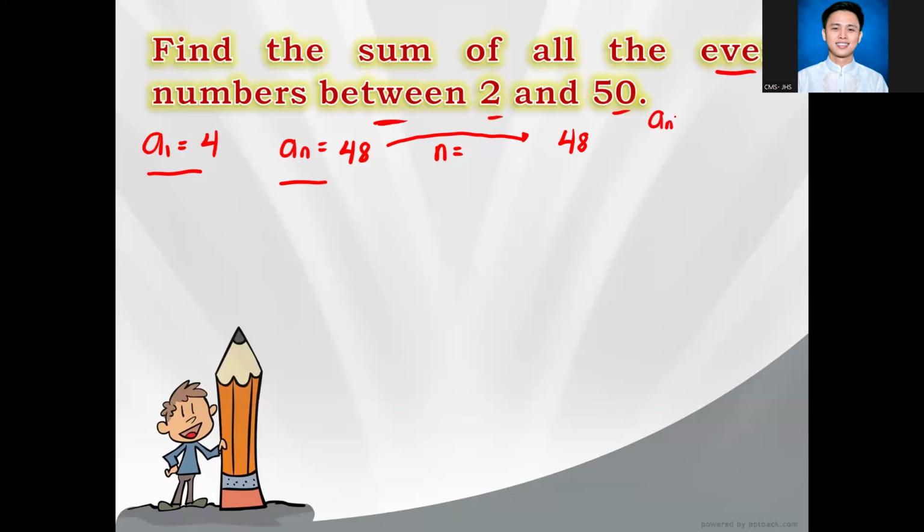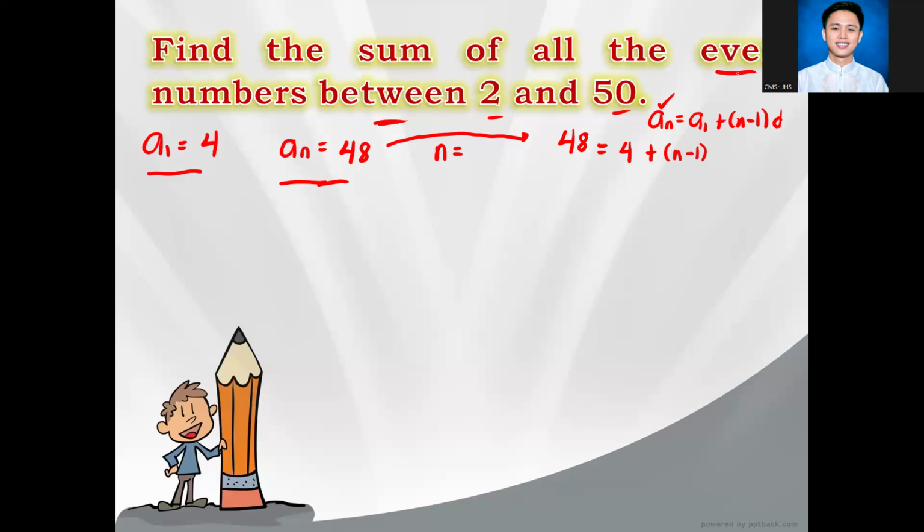A sub n equals a sub 1 plus n minus 1 times d. Remember, we have a sub n, and that is 48. So we have 48 equals a sub 1. We have 4 plus n minus 1. Again, we don't know n, we're solving for n. So simply write n minus 1 here times d.